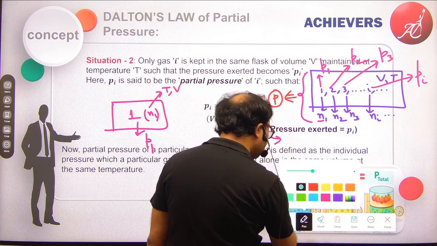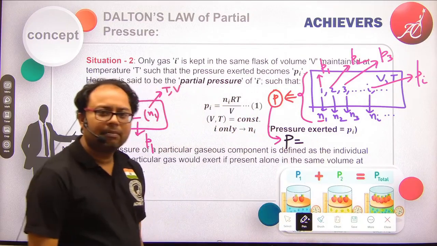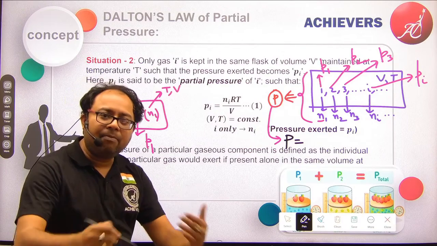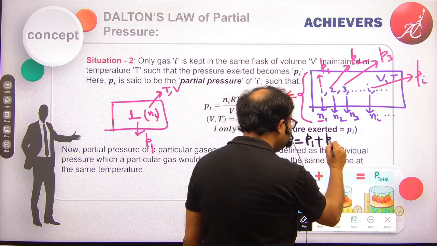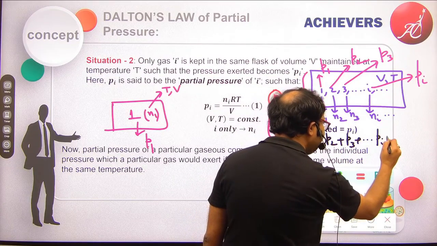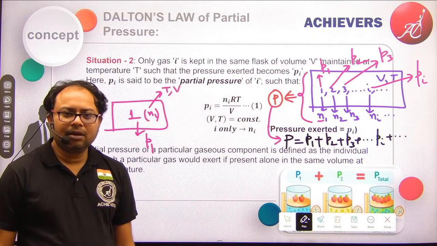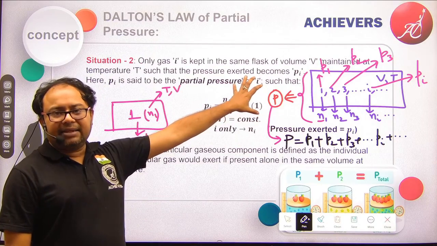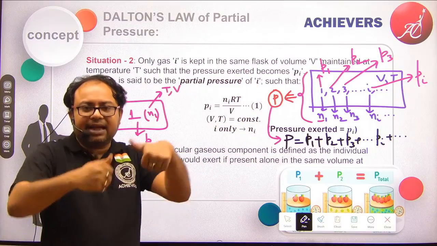You can write this total pressure P equal to the sum of the individual partial pressures, means P1 plus P2 plus P3 up to Pi and so on. Very simple. Because this total pressure arises out of the partial pressures of each and every gas.